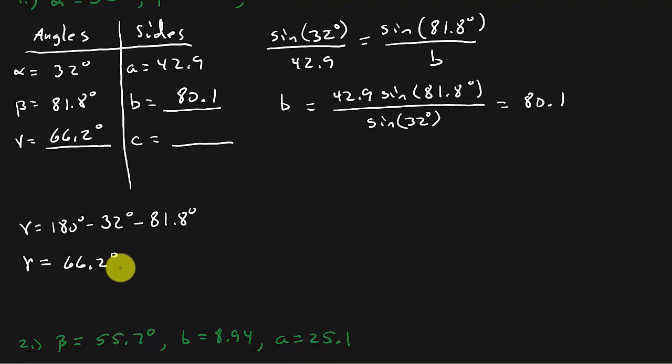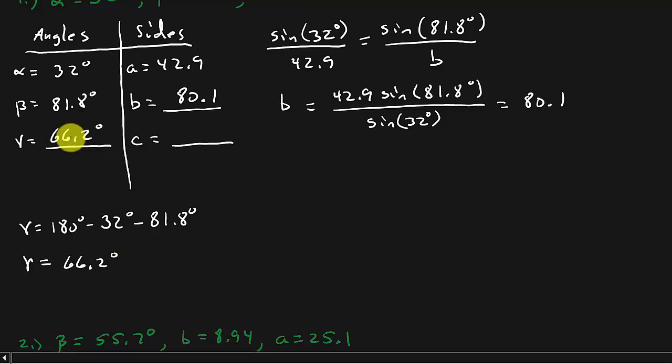Okay? And the chances of this being incorrect is highly unlikely. I mean, yes, I could have punched it in wrong, but one thing we know about this angle here, it's not rounded like this one. Okay? All right.